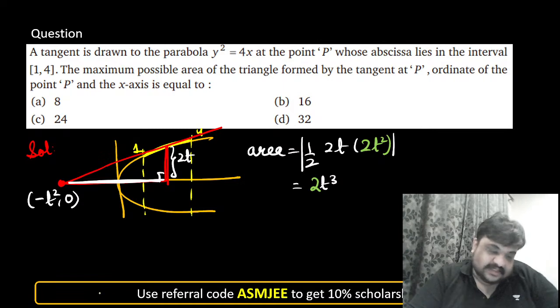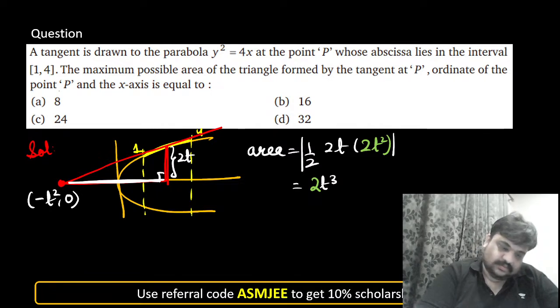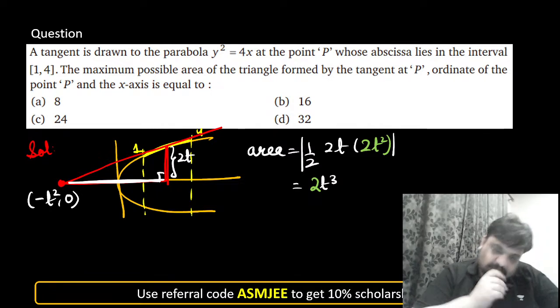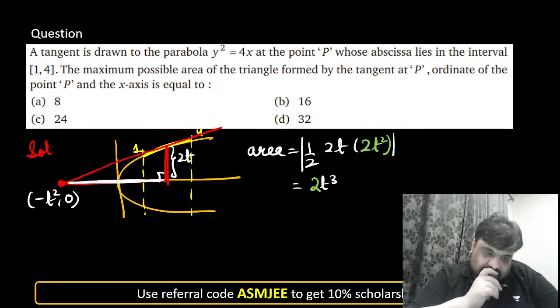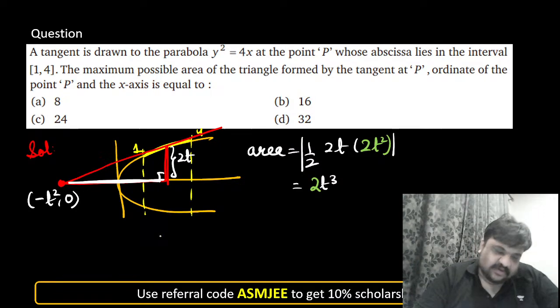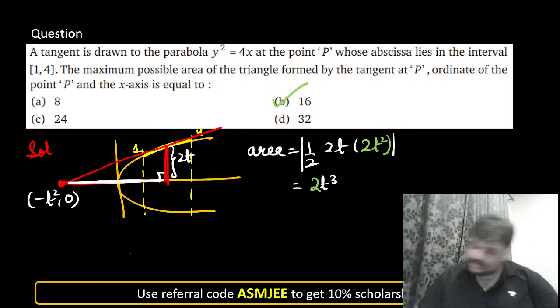And we have to maximize it. So put the maximum value of t. So t square is between 1 and 4. So the maximum value of t is 2. So put the maximum value, 8 times 2 is 16. 16 is the answer.